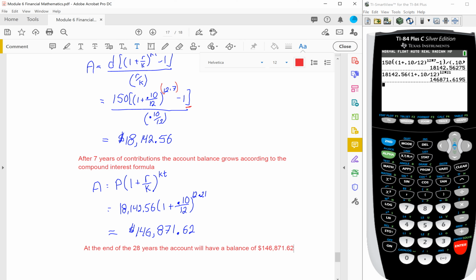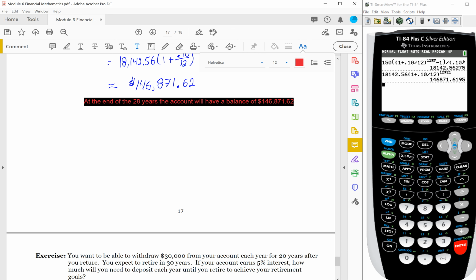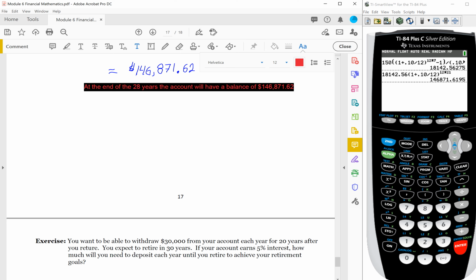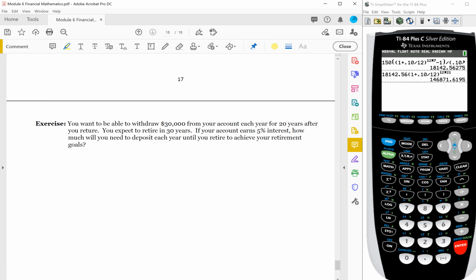Okay, hope this is making sense. Let's try one more problem. This will be the last problem I have in our guided notes. You want to be able to withdraw $30,000 from your account each year for 20 years after you retire.